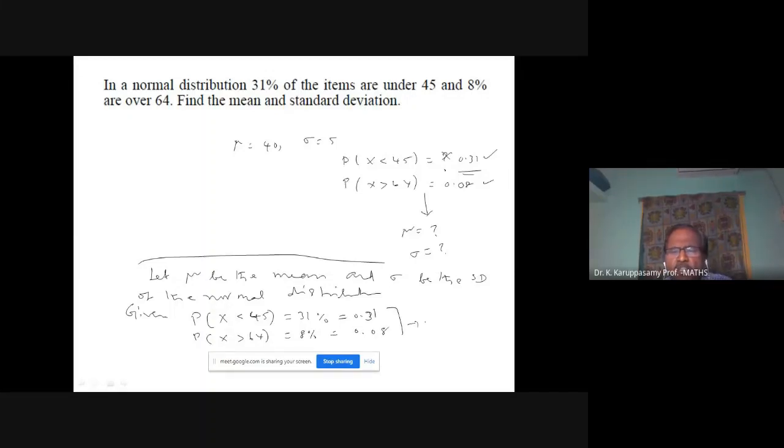So these two things are given. From these two pieces of information, we have to get the mu value and sigma value.